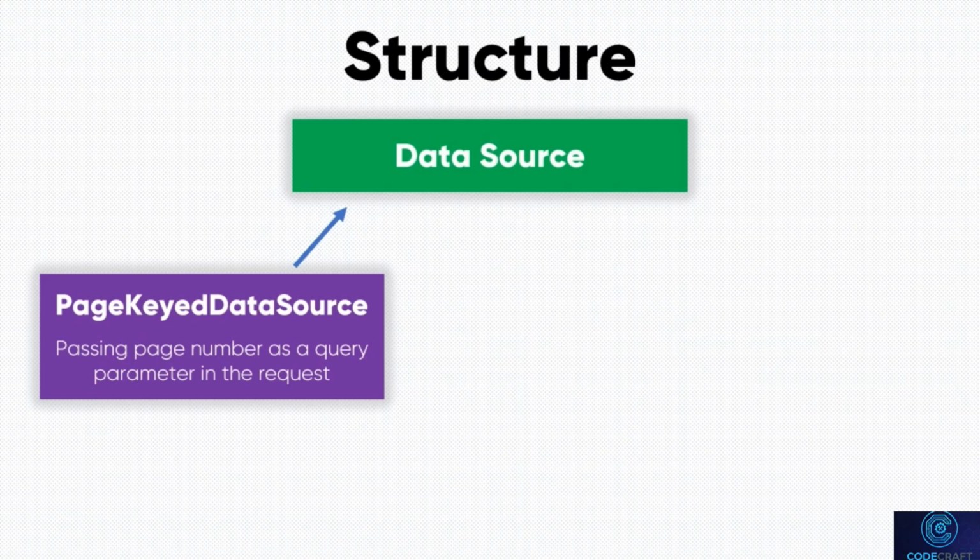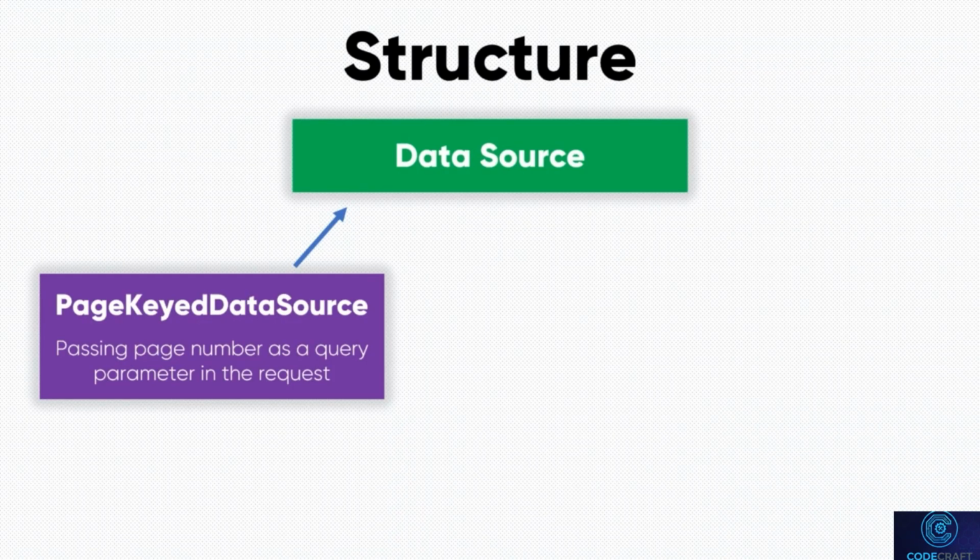This interface, the data source, we can make a page keyed data source, passing the page number as a query parameter in the request, which is the case that we are going to use with TMDB, the movie database API key that we have used in the previous projects. And we are going to use the paging with the TMDB API.